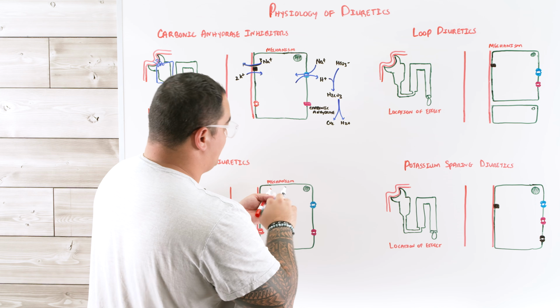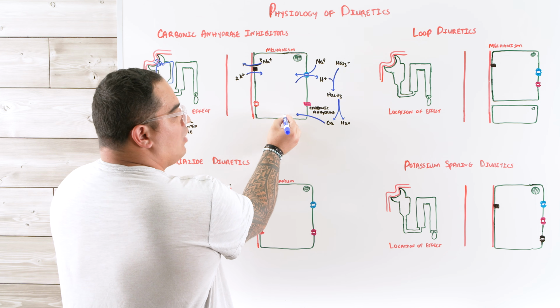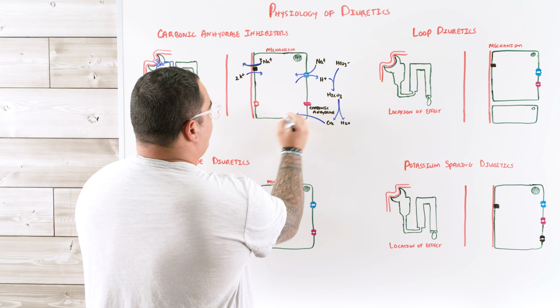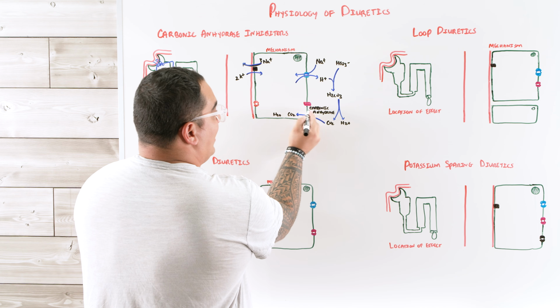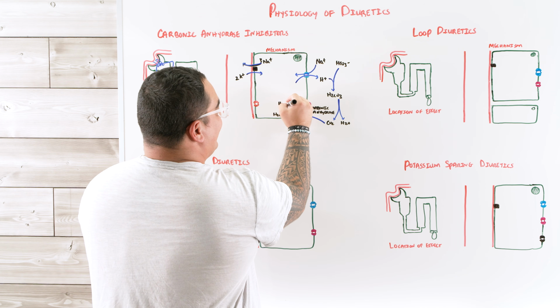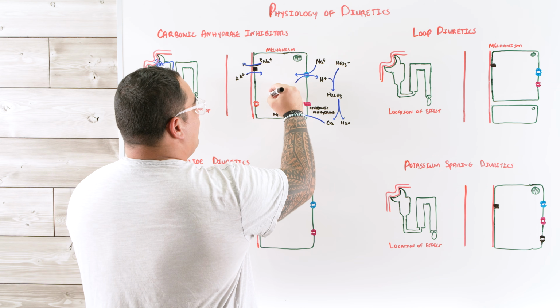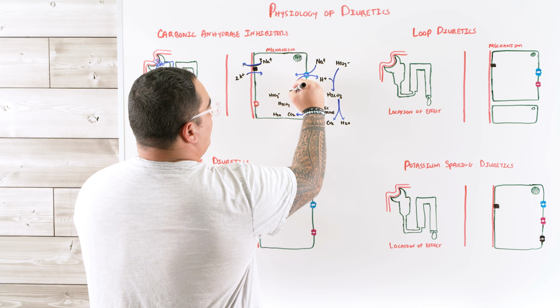Now, what happens is the CO2 is lipid soluble, so it easily moves across this cell membrane. When it moves across, the CO2 combines with water inside of the cell, and in the presence of this enzyme, carbonic anhydrase, gets converted back into carbonic acid. Then carbonic acid gets broken down into bicarb and protons.